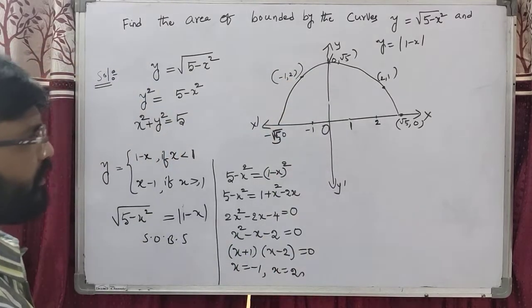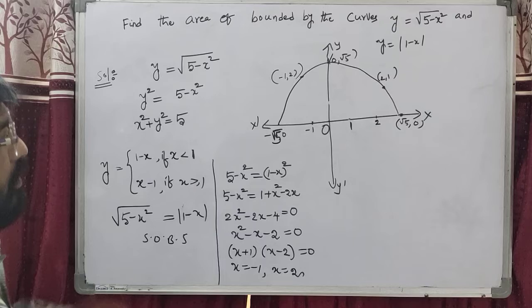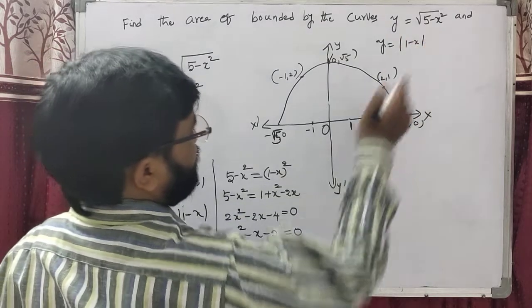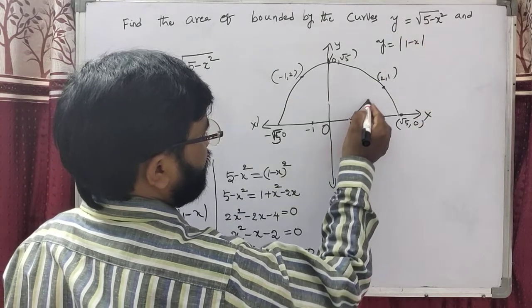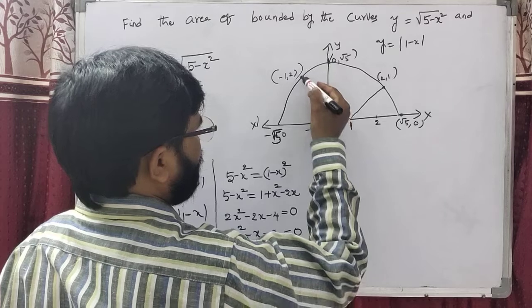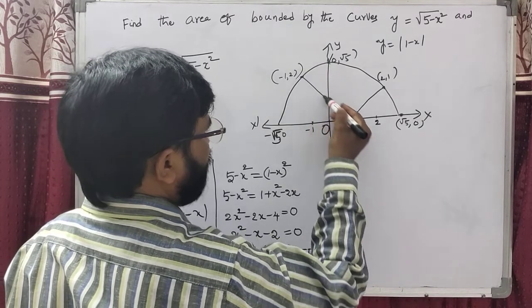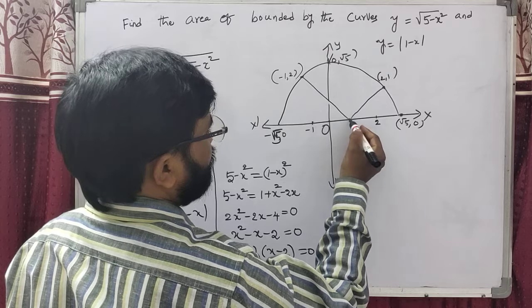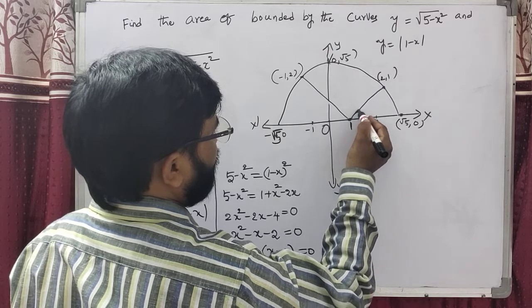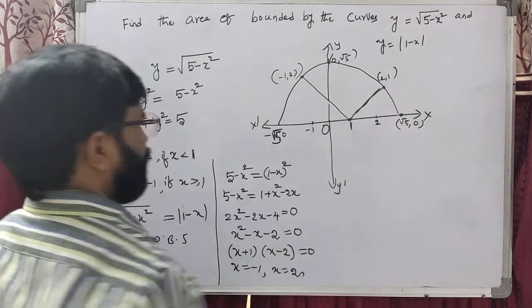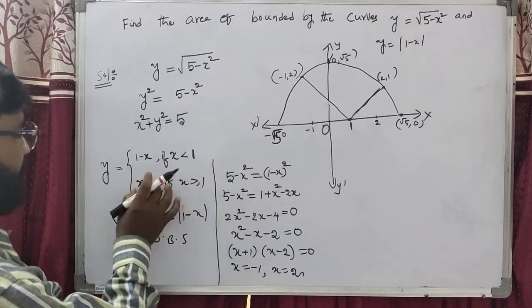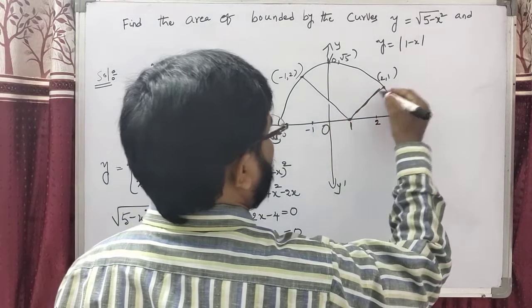Therefore students, now we can draw the graph of mod of 1 minus x like this. When x is greater than 1, that is y equal to x minus 1.